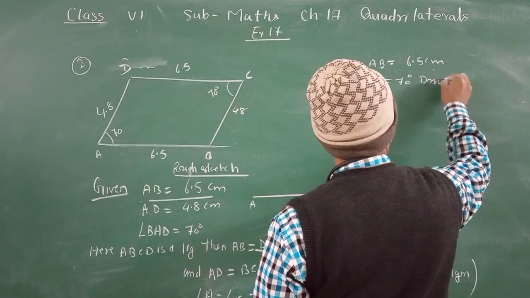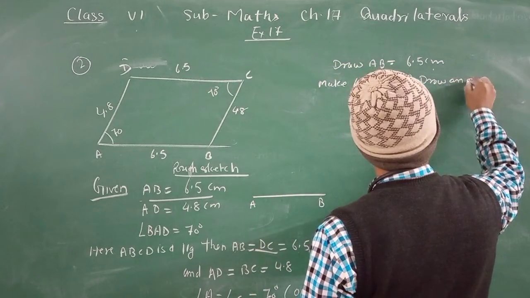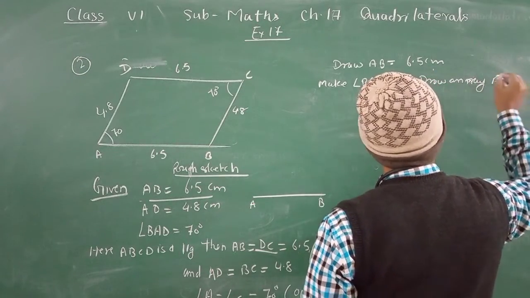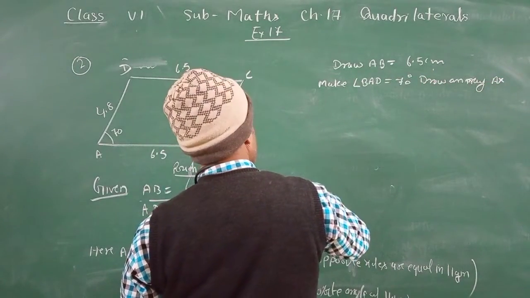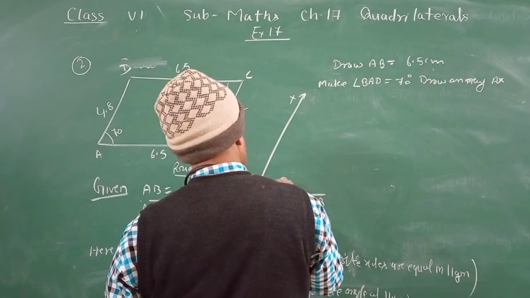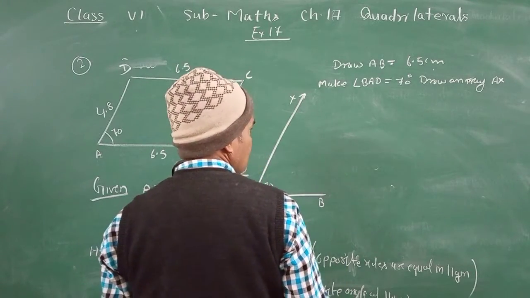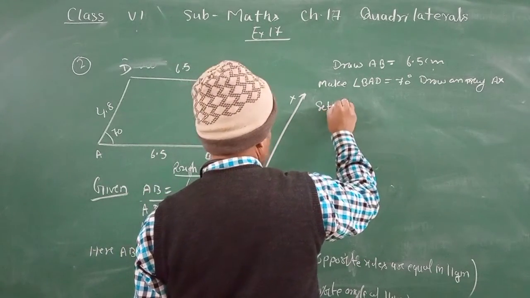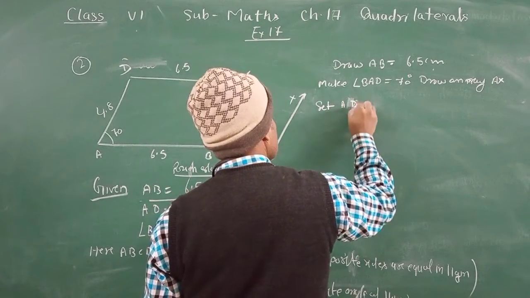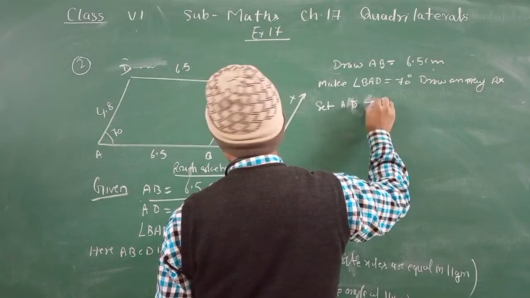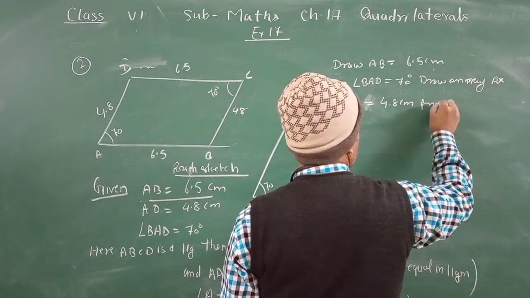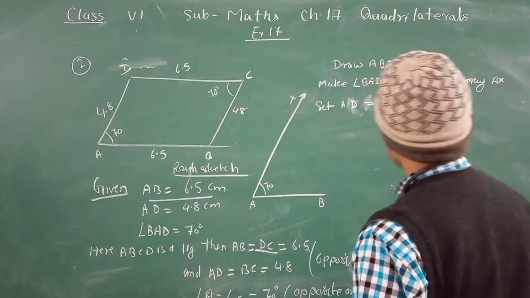Draw a ray AX, which is at 70 degrees. Now set AD, that is 4.8 centimeter, from AX.